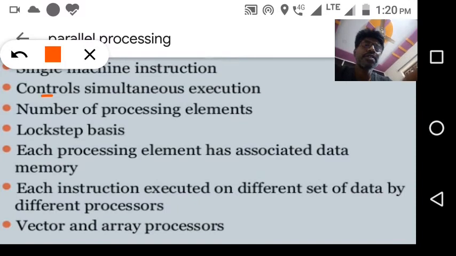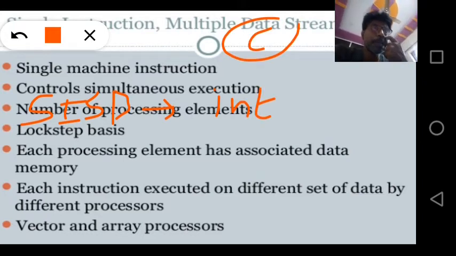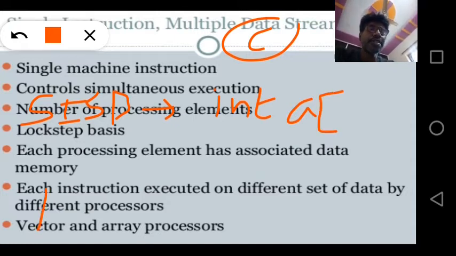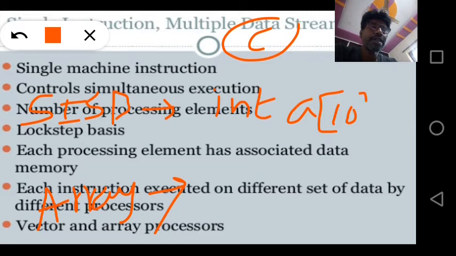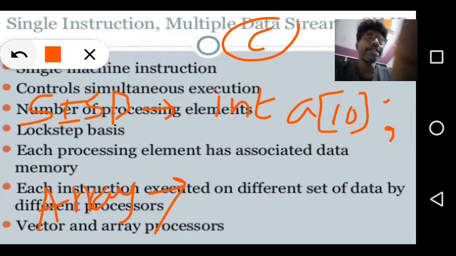If it is SISD, let's assume I am taking an example of C language. I hope you know C language, otherwise no problem. An array is nothing but a group of homogeneous elements. So let me declare an array in the C programming language. I declared an array, that is a group of elements.